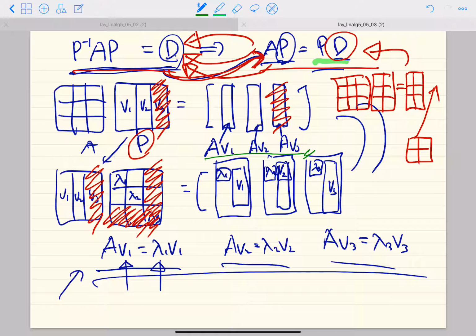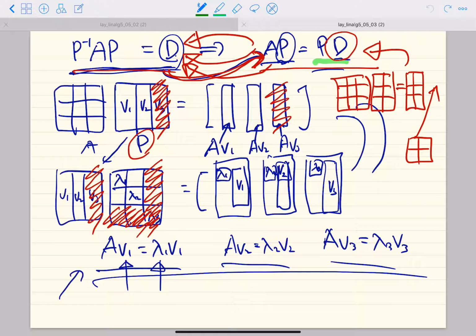The resulting matrix has columns A times V1, A times V2, and so on. In the case of PD, P still has the same columns V1, V2, V3, and D is assumed to be a diagonal matrix, so let's call its diagonal elements lambda 1, lambda 2, and lambda 3.